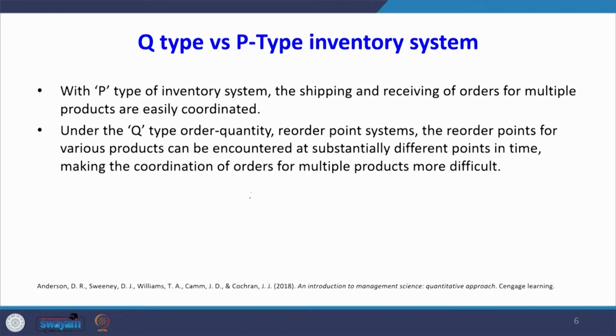Product A may have one reorder point, product B some other reorder point. So different products have different reorder points. Managing inventory is more difficult under the Q type when the company has multiple products. But the P type inventory system is convenient because all the orders can be clubbed, as we make orders at a fixed interval.